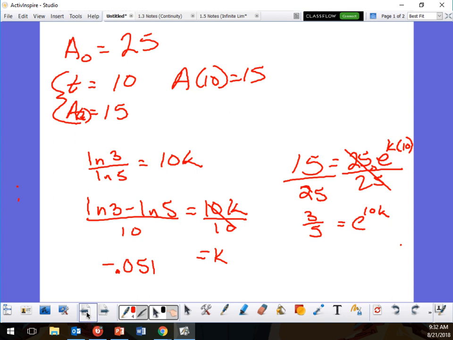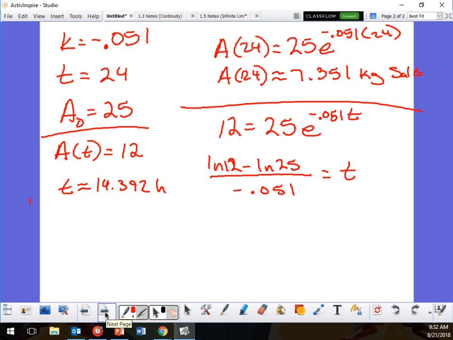It does seem right, right? So at a certain point, it actually slows down the decay. So make sure your parameters are in there. So if I know at 10 it's 15, and I know at 24 it's 7, intermediate value says somewhere in between there, your time frame has to fit, right?